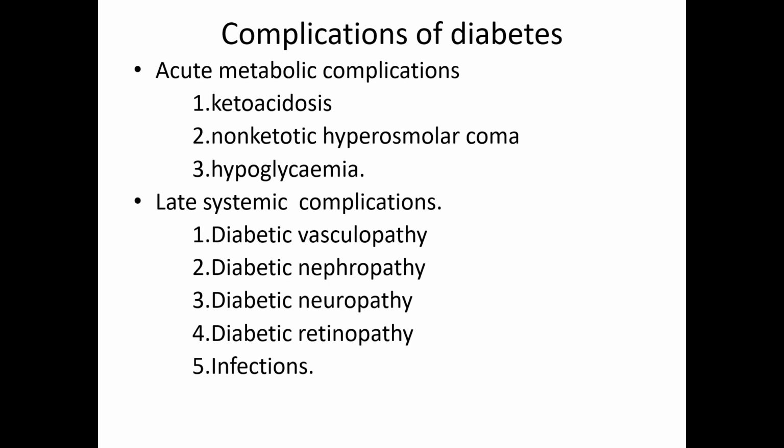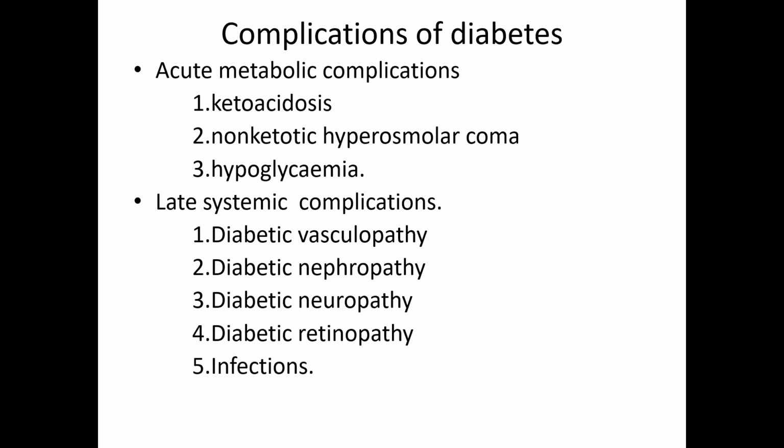Apart from hyperglycemia and associated complications, patients with type 1 diabetes who are dependent on insulin may sometimes develop hypoglycemic episodes. This is because there may be an overdose of insulin, over treatment, or after taking insulin they may miss the meal.